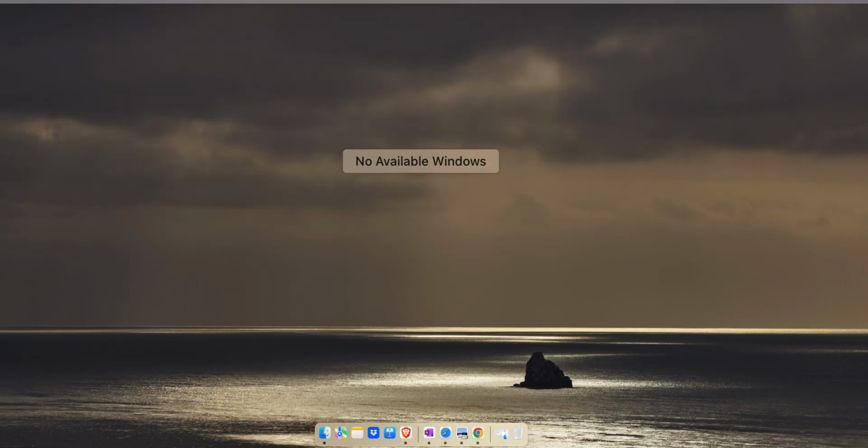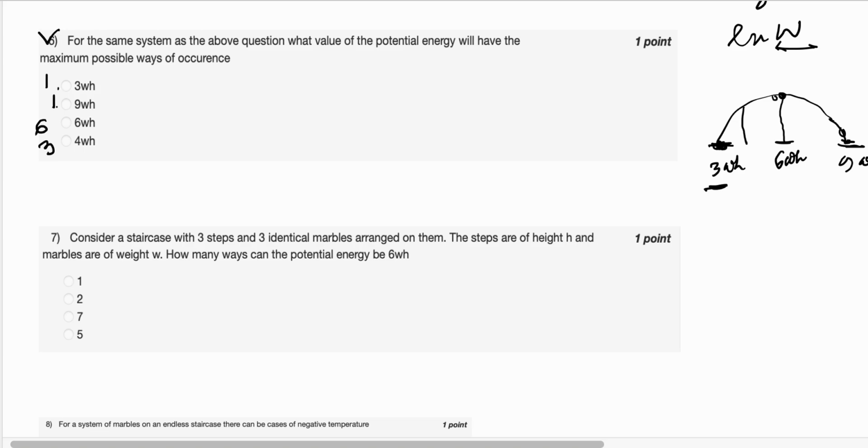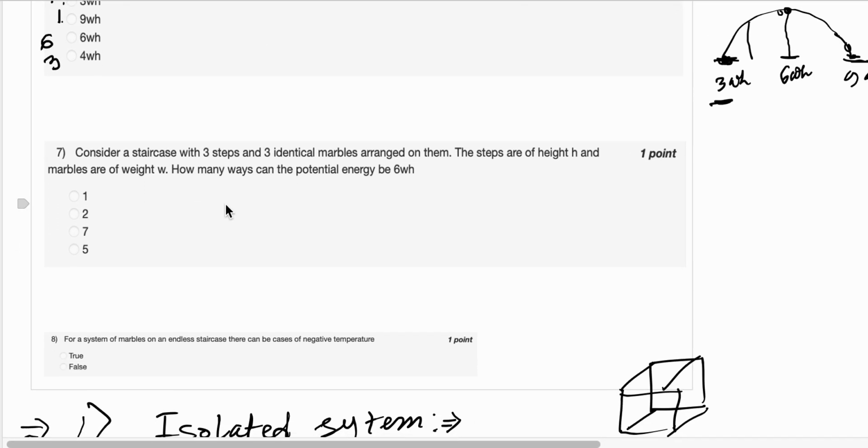Okay, now let's go to question number 7. Consider a staircase with 3 steps and 3 identical marbles arranged on them. The steps are of height h and the marbles are of weight w.